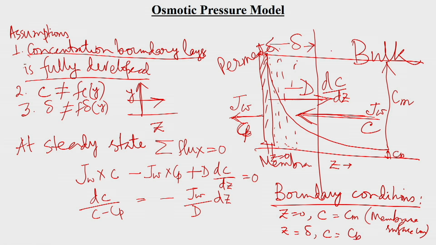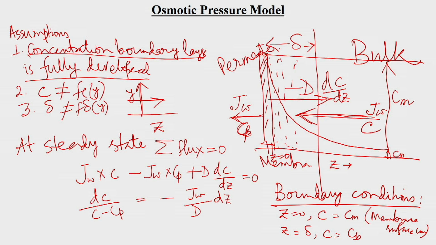That means after this delta, whatever the concentration is, the delta thickness is developed due to this membrane operation, and that is why at the membrane surface the solute concentration is maximum, which we call the membrane surface concentration. And at the bulk, where there is no effect of the thickness delta, C will be Cb.